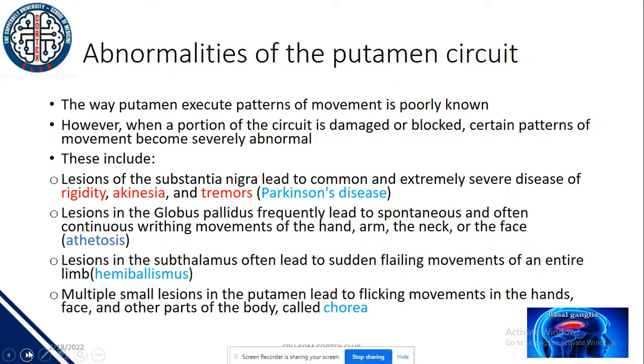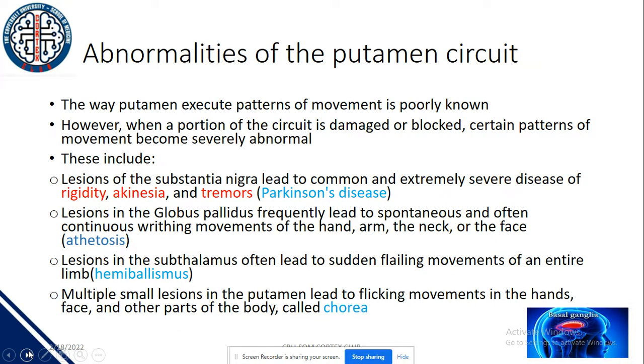Now, what happens if the putamen circuit is altered or if something happens to it? The way the putamen executes patterns of movement is poorly known. However, when a portion of the circuit is damaged or blocked, certain patterns of movement become severely abnormal.